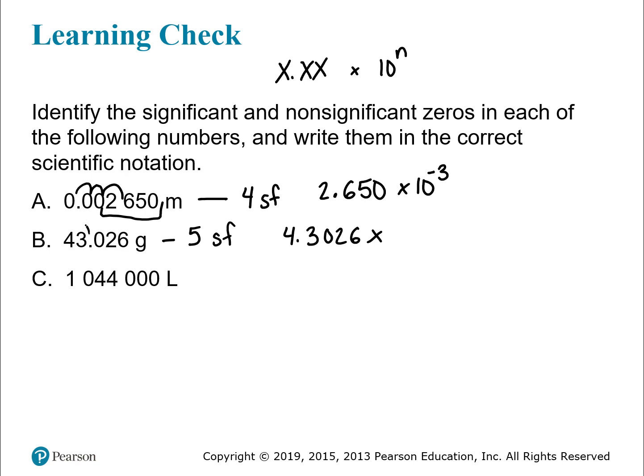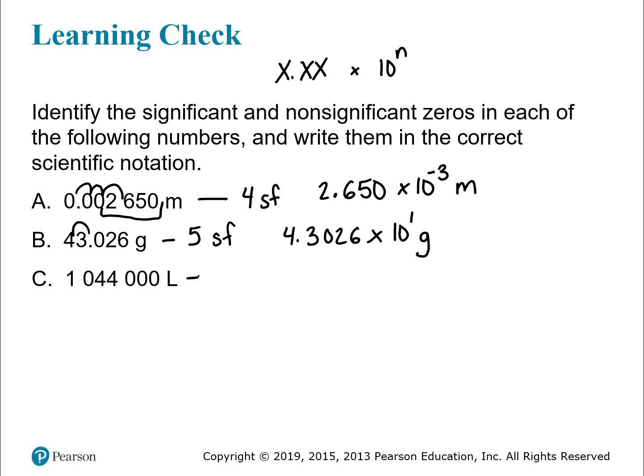So you see here, just the 1. And that number is bigger than 1. So, and it's positive, we're done. And don't forget units like I did. So the first one is meters, second one is grams.